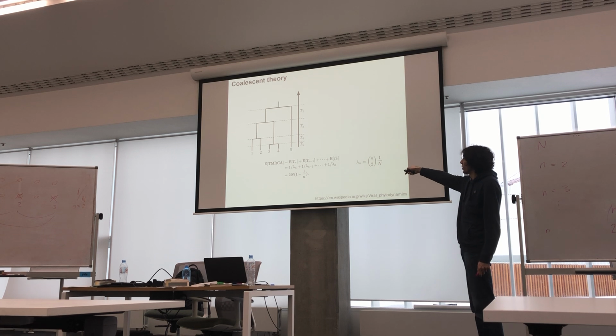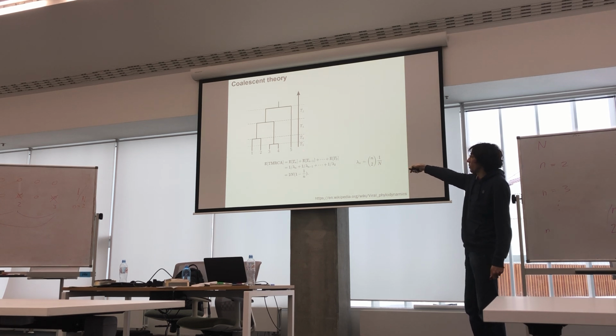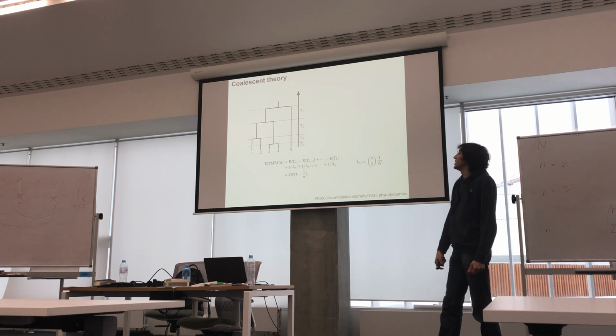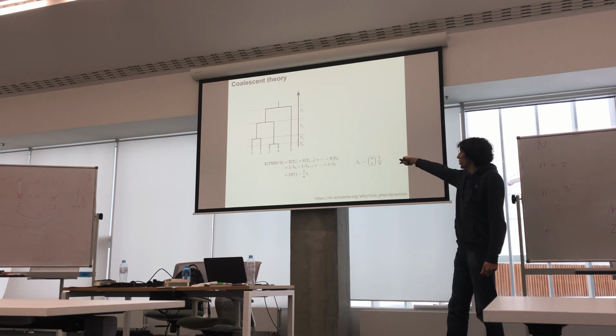So first of all, some 2 individuals from our sample have to coalesce with each other. Then 2 of the remaining individuals have to coalesce. Then 2 of the 3 remaining individuals have to coalesce. Then 2 of the last remaining 2. So then both remaining lineages have to coalesce with each other, and then we're done.